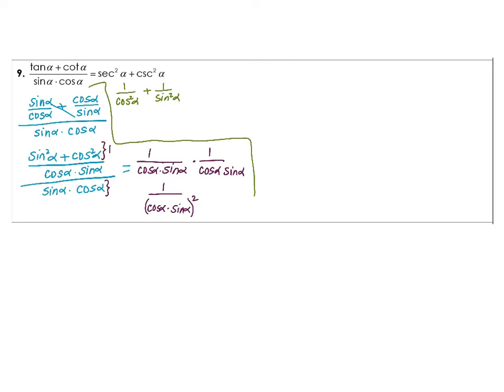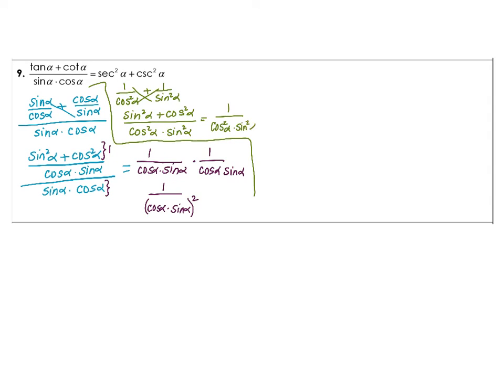Hey, here we go. That's going to work because, again, we're going to have to get that common denominator. So we're going to have sine squared alpha plus cosine squared alpha, and that's over cosine squared alpha times sine squared alpha, and that's going to work because then that numerator is 1 over cosine squared alpha times sine squared alpha.